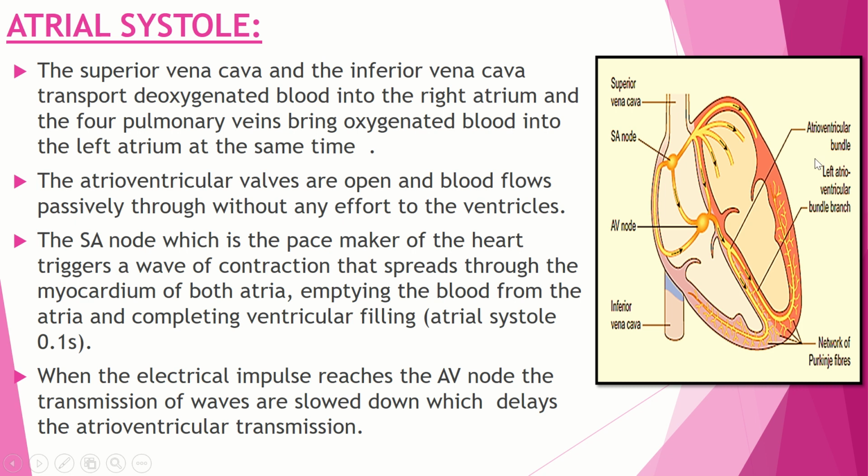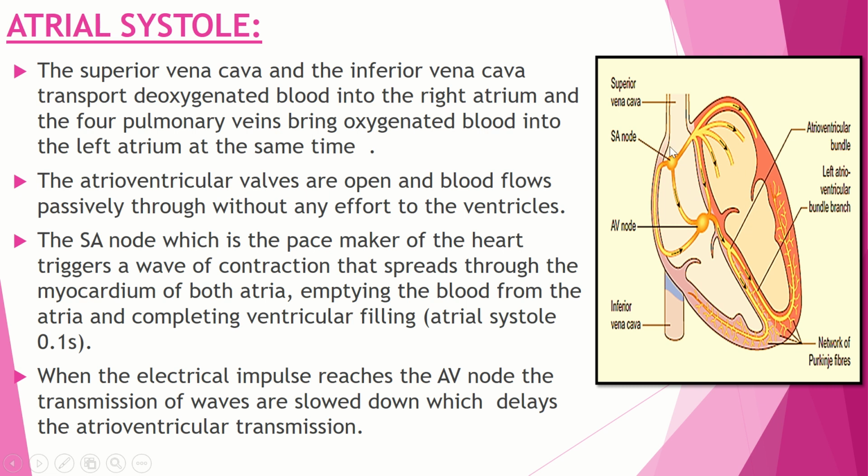One thing you should remember: the right side always has the deoxygenated blood, the blood that contains carbon dioxide, not oxygen. The left side of the heart contains the oxygenated blood, the purified blood needed by all the parts of the body.